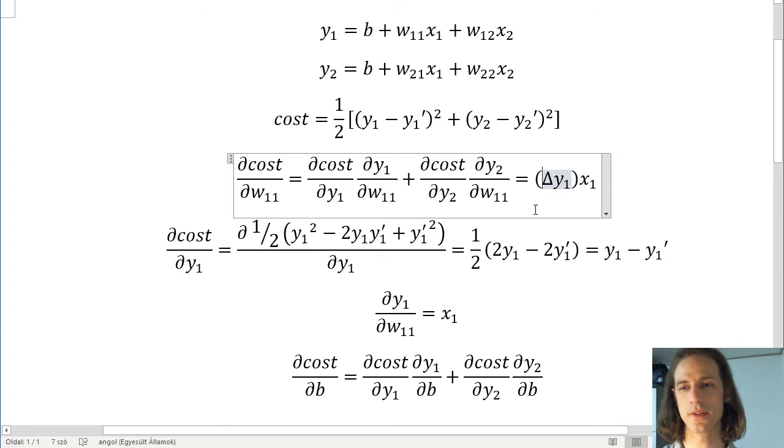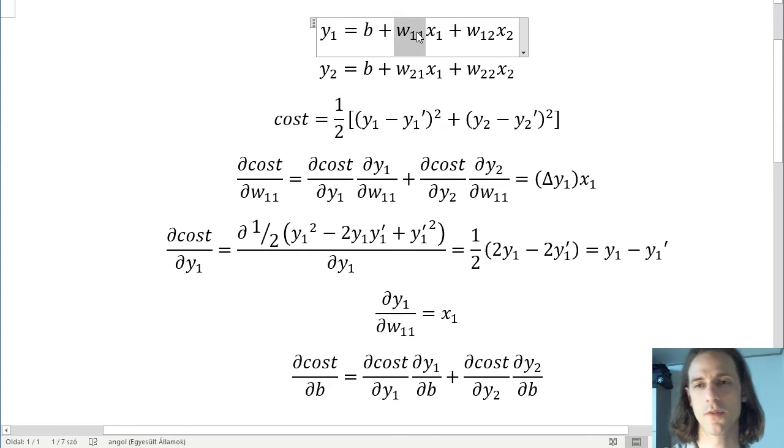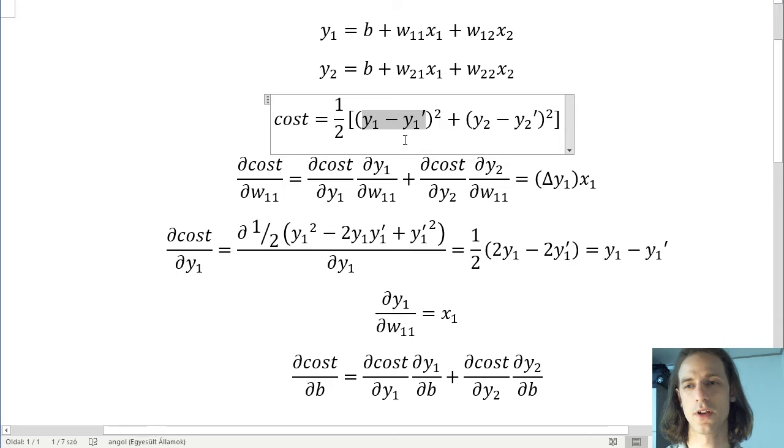Okay, so this is what happens. So you will have this delta y, and it will be multiplied by this x1 here. So basically, the conclusion here is that y1 was influenced by w11 like this. So the derivative of the cost function with respect to w11 will be x1 times this delta y1, where delta y1 is this expression here.